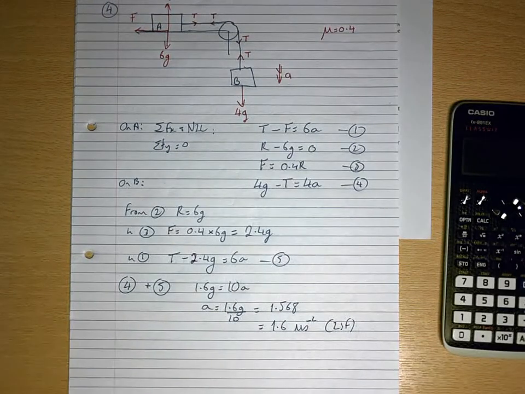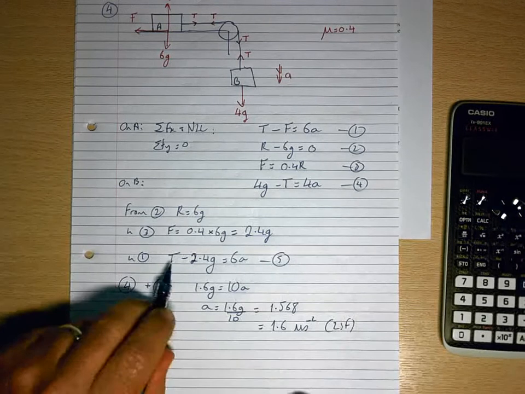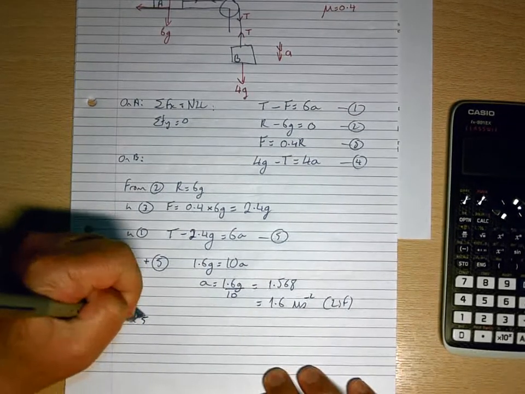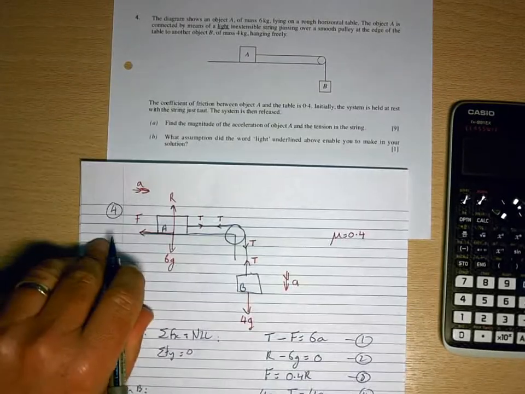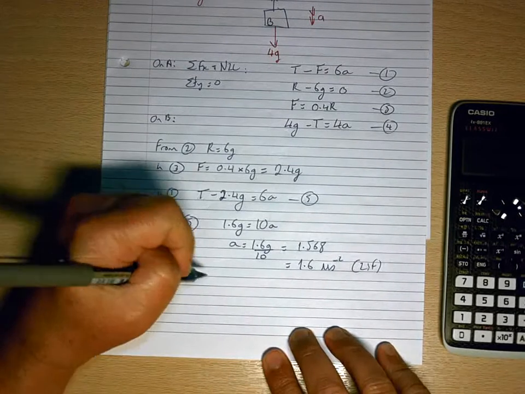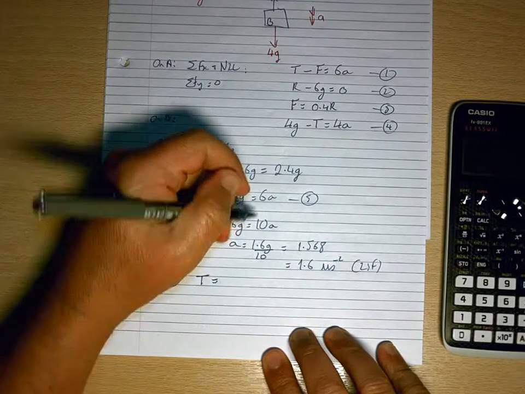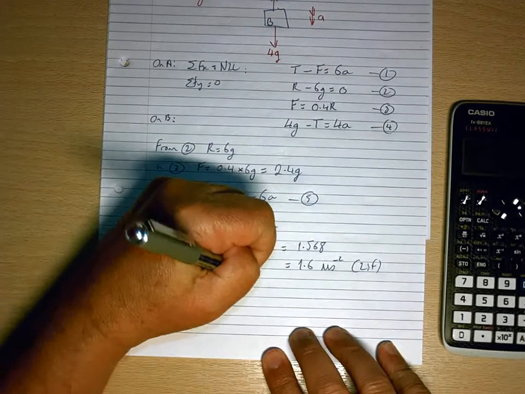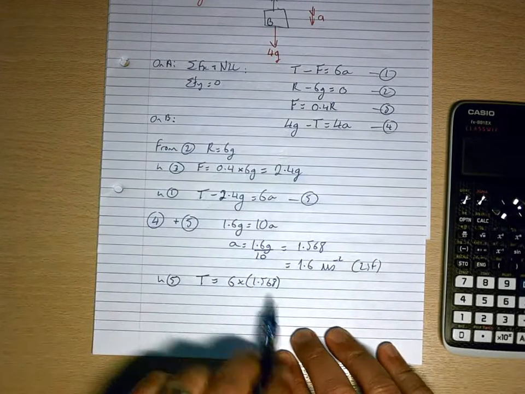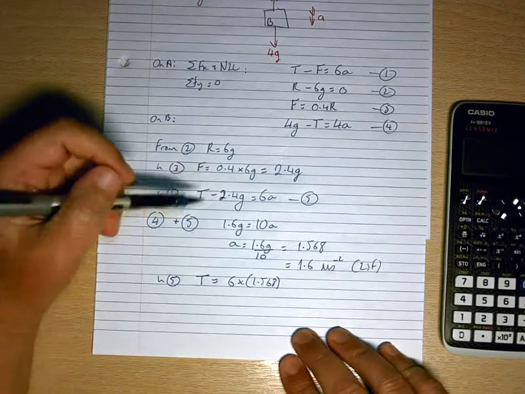And then if I put that into equation 5, because we also needed to work out what the tension in the string was, the tension in the string would be 6A plus 2.4G. Remember, don't use the rounded value, use the full value.